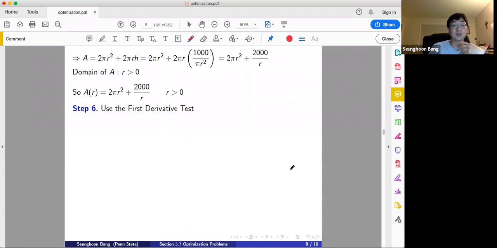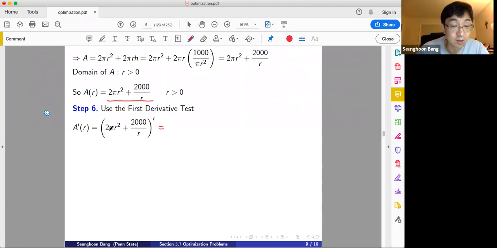Step 6, use the first derivative test for finding the absolute minimum of A of R. So how can you find it? You can use the critical number. So you can calculate A prime of R. We have 2 pi r square plus 2,000 over r, prime. The 2 pi is a constant, you have to keep it.